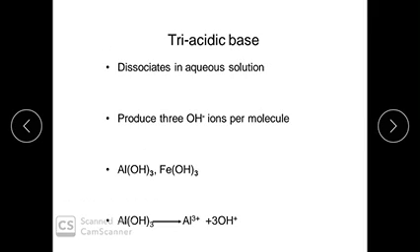Examples for this are Al(OH) taken thrice, aluminium trihydroxide, and Fe(OH) taken thrice, ferric hydroxide.